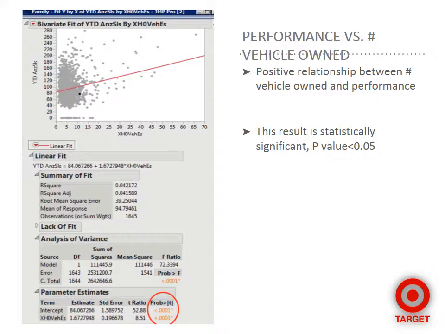The more vehicles owned by a family, the higher revenue Target earns in that area. And the result is significant because the p-value is lower than 0.05. So the higher the number of vehicles owned per family in a region, the higher revenue a store can earn in that region.